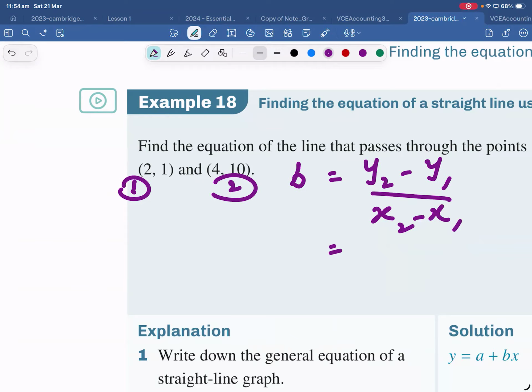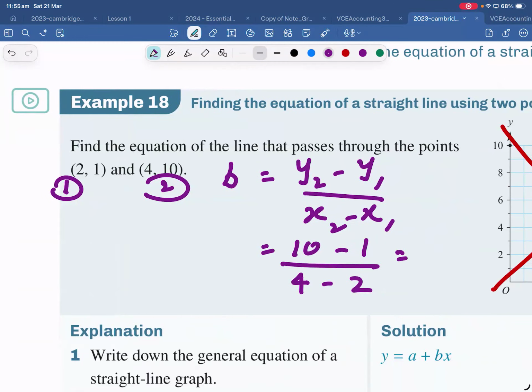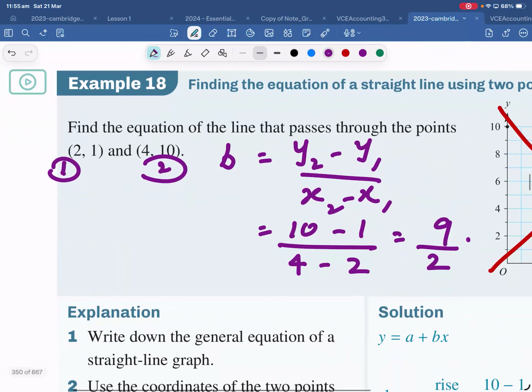Then 10 take away, no, the other way. 10 take away 1, and then 4 take away 2, which is 9 over 2. So I'm getting 4.5.